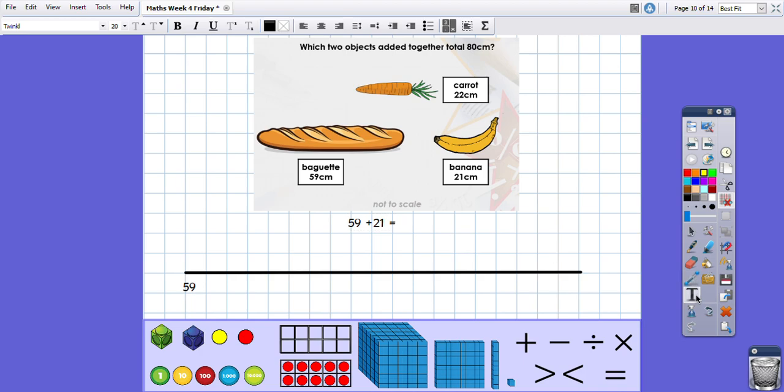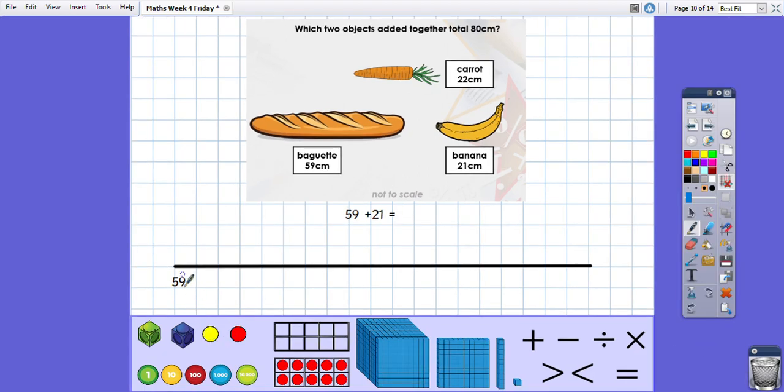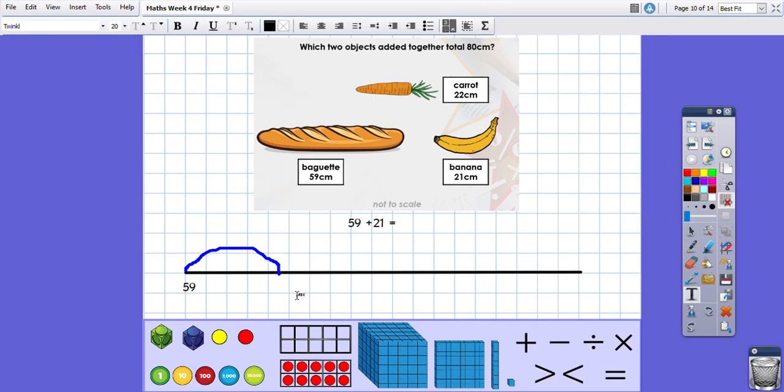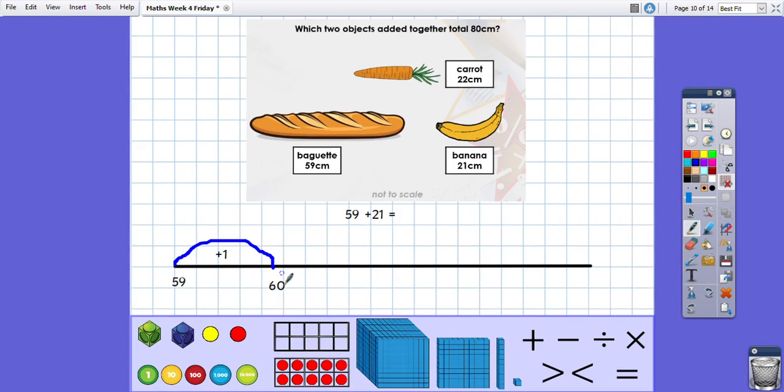Okay. So I'm going to add the 1 first because that will take me to a multiple. So I'm going to add 1, which takes me to 60. And put my add 1 in here. So 59, add 1 is 60. I can just add the 20 now because I've got a multiple of 10 and I'm really good at adding in my 10s.